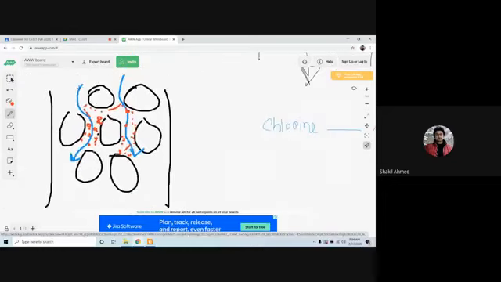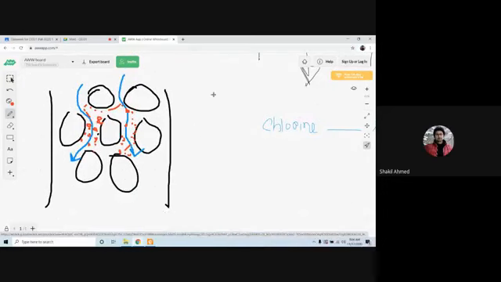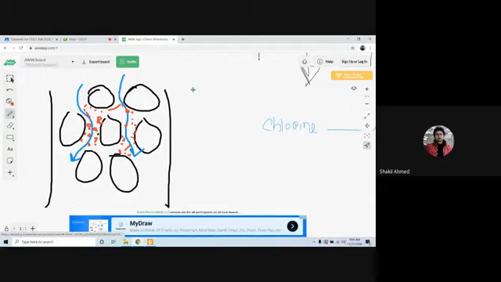Therefore, it becomes difficult for the water to pass through them. So you have to wash the filter media regularly after a certain interval. It can be 1 month, 2 months, 3 months. Are you following me?